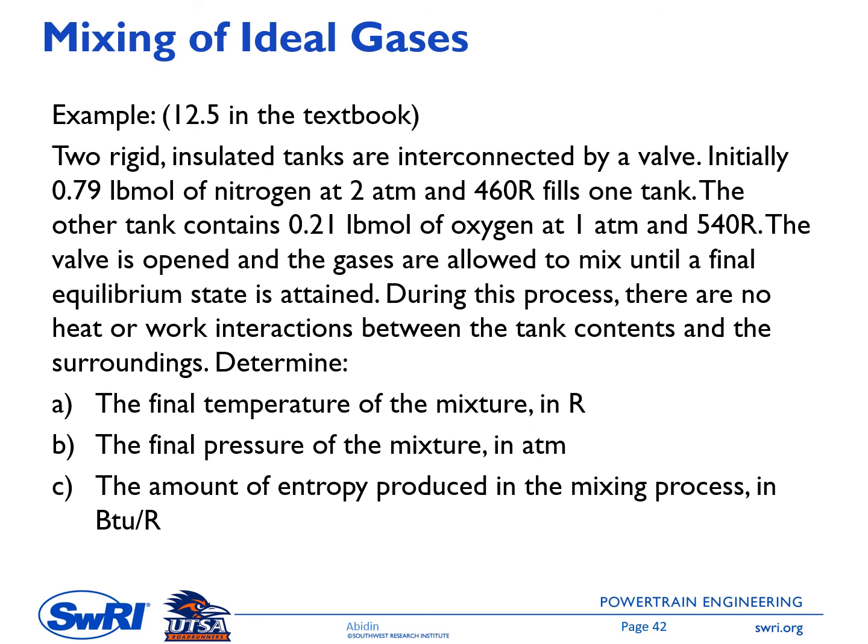And the other tank contains 0.21 pound-mole of oxygen at 1 atmosphere and 540 degree Rankine. The valve is opened and the gases are allowed to mix until a final equilibrium state is attained. During this process, there is no heat or work interaction between the tank contents and the surroundings.